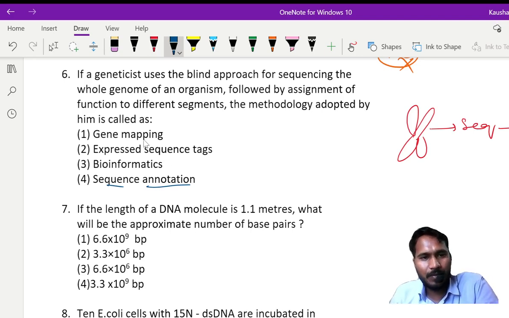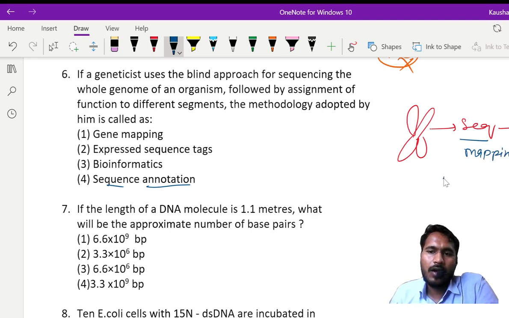So, by gene mapping only you will map, then it is fine. In mapping you will find the position, like what is it? A G G A C T G A C, like this. But by that you will not find the function. You have to find the function also.